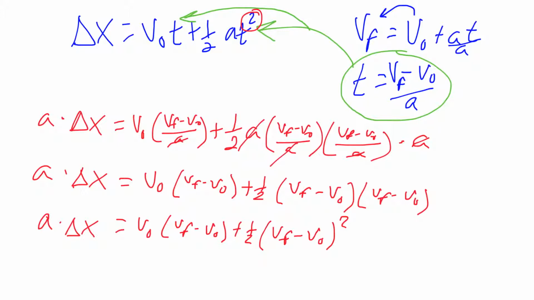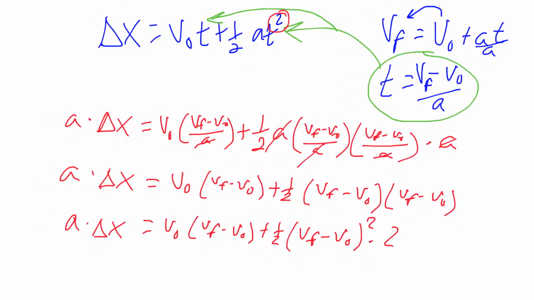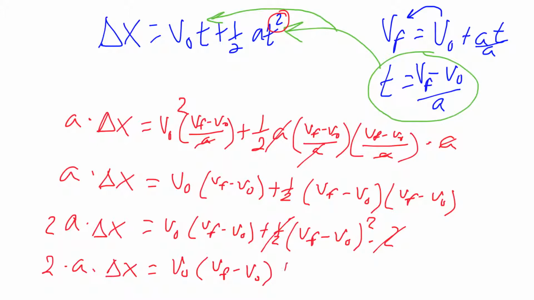I want to get rid of this 1/2 because it's bugging me, so I'm going to multiply both sides by 2. That will cancel out the 2's on this side. So we've got 2 times the acceleration times delta x equals V naught times (V final minus V initial) plus (V final minus V initial) squared.